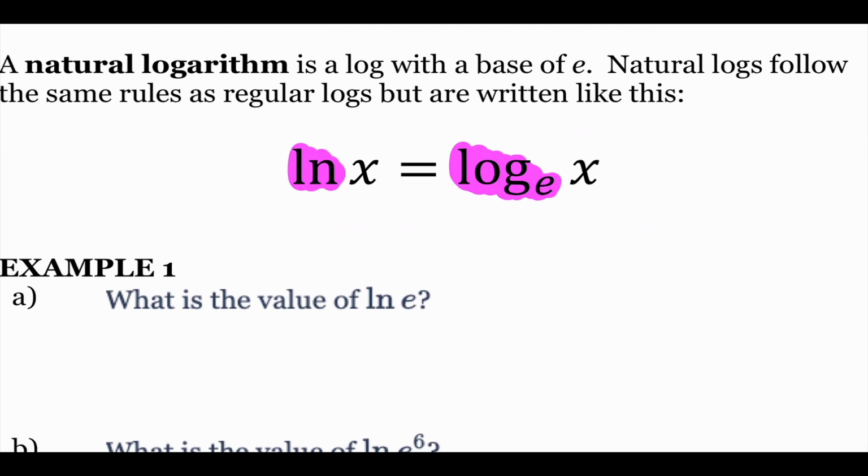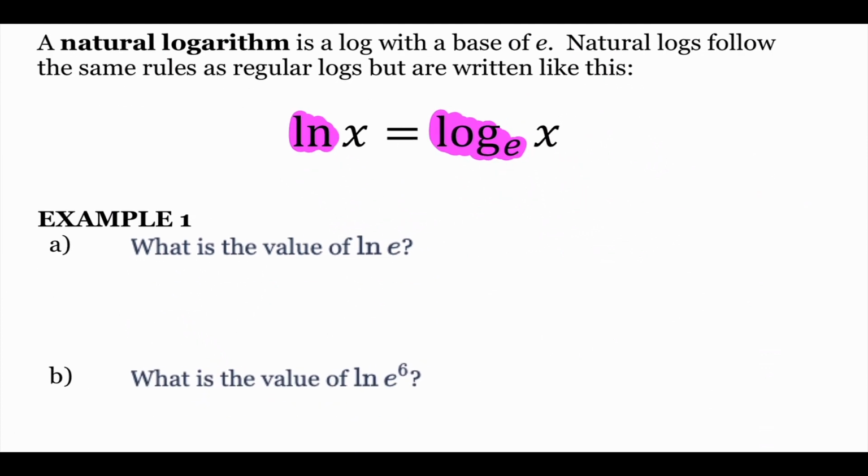So when you see a natural log, I highlighted the two in pink, they mean exactly the same thing. ln is the same thing as log with a base of e. It follows all the same rules that we talked about. Nothing is different except just the way it looks. That's all.